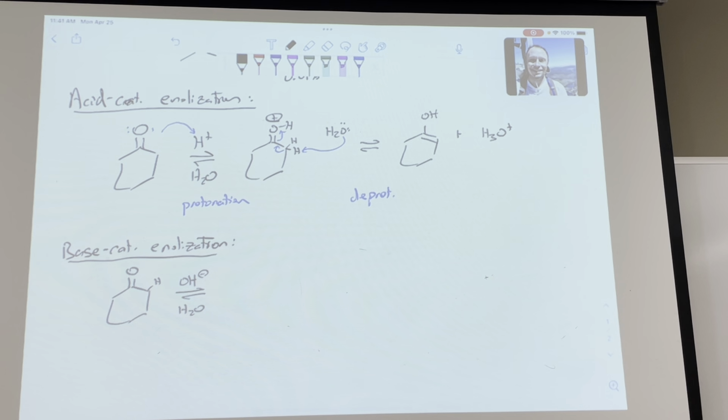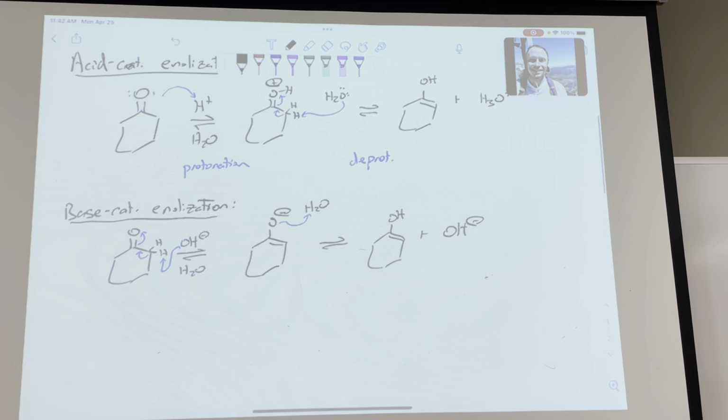So the base would come in, it's going to grab the alpha proton, that generates the enolate, which then can grab a proton from the water. And that regenerates the base catalyst. So under the base catalyzed mechanism, we did a deprotonation followed by a protonation.